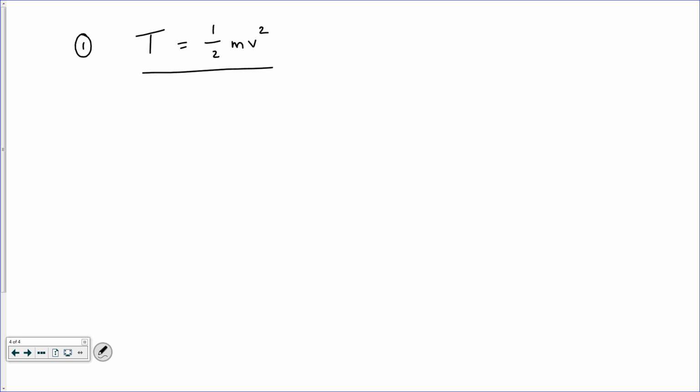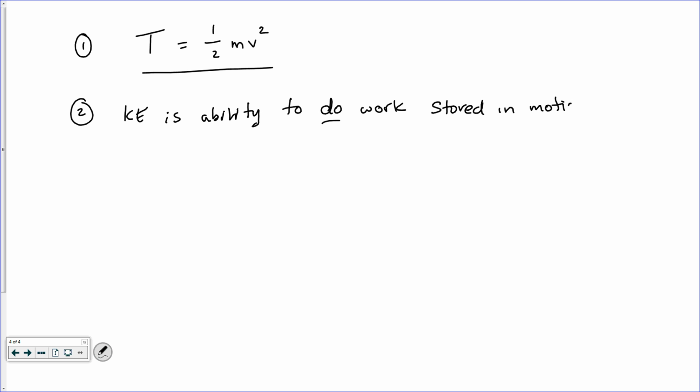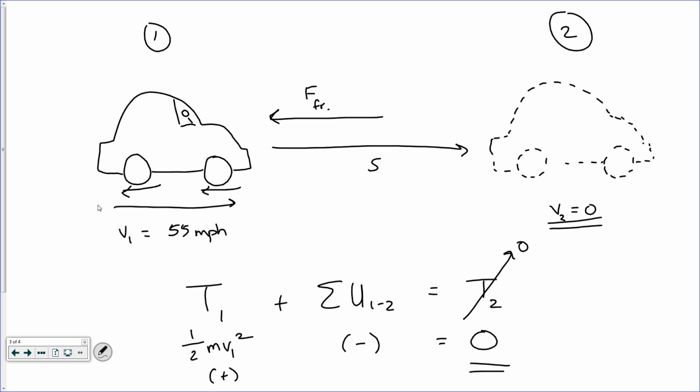Second thing about kinetic energy. Kinetic energy is ability to do work stored in motion. Go back to this car. This car is moving really fast, and it has a large mass.